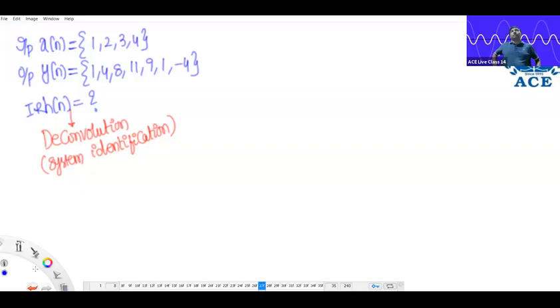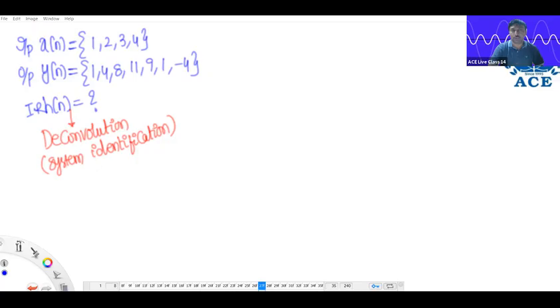So what do we have to do? We know the input and output and are asked to get the system. The best and easiest method is the sum by column method. Here also, the best and easiest method is the sum by column method.